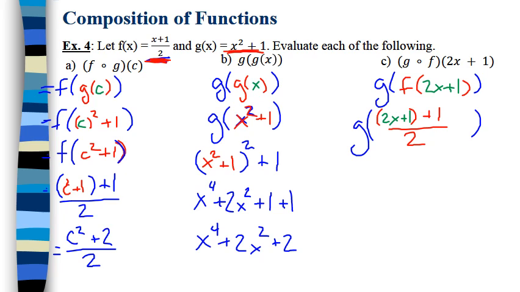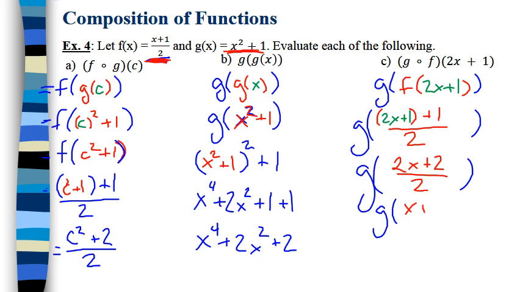So when we simplify that, we have 2x plus 1 plus 1, so that's 2x plus 2 divided by 2, which everything here is divisible by 2, so we could factor out a 2. So we end up with g of x plus 1.